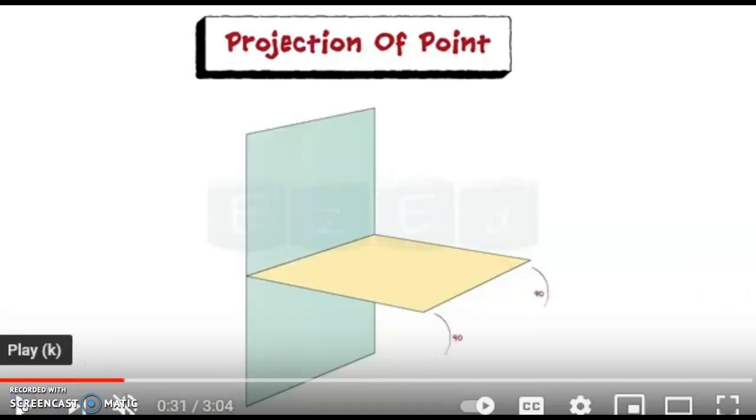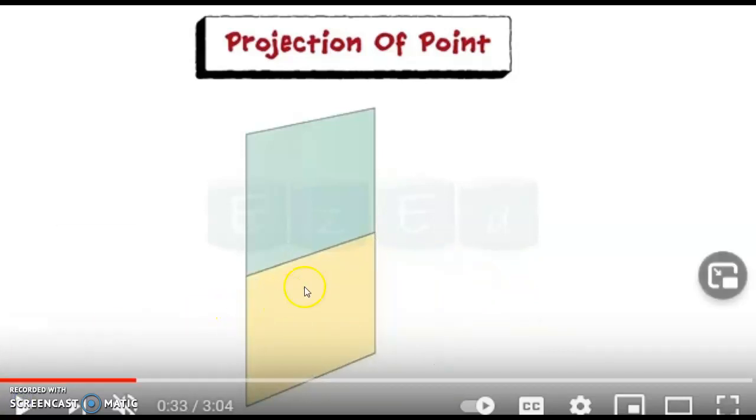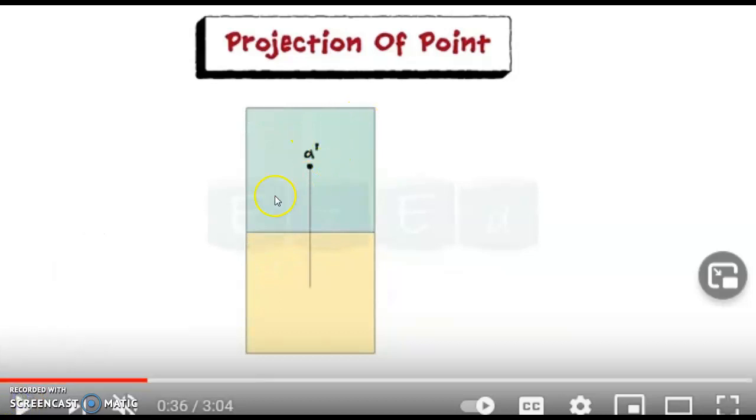This type of view is not possible to draw in our book. So how can we draw it in our book? We can convert our 3-dimensional to 2-dimensional. That procedure is shown here. The horizontal plane is rotated through 90 degrees and it will become 2-dimensional. Just listen and look here. The top part is the vertical plane, and the bottom side is the horizontal plane.